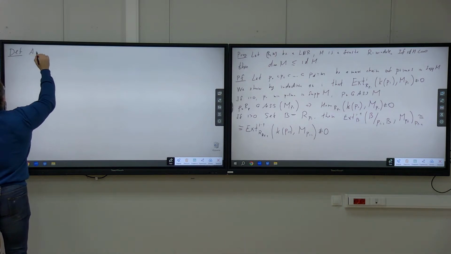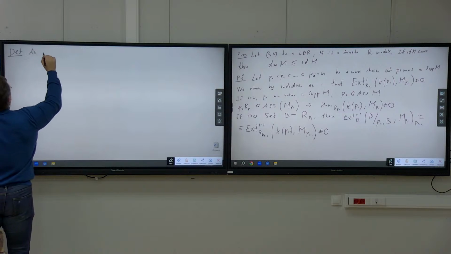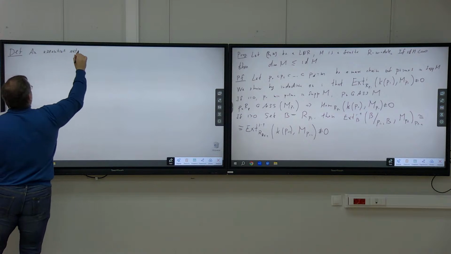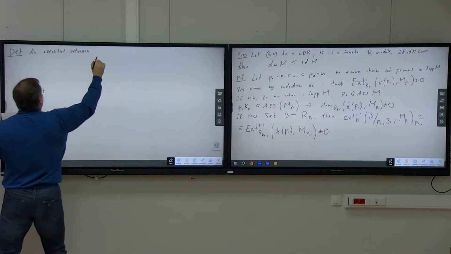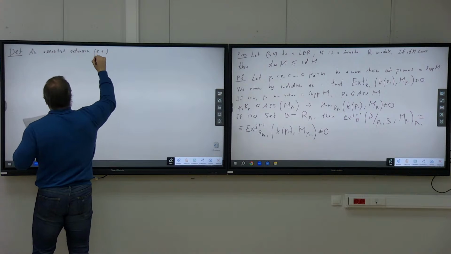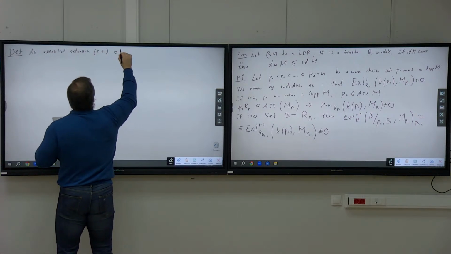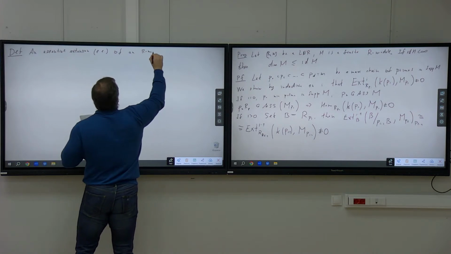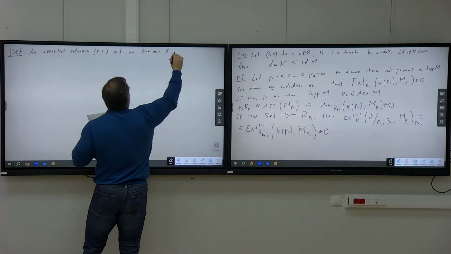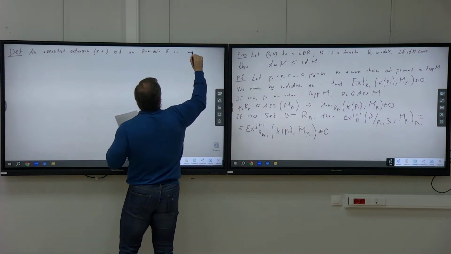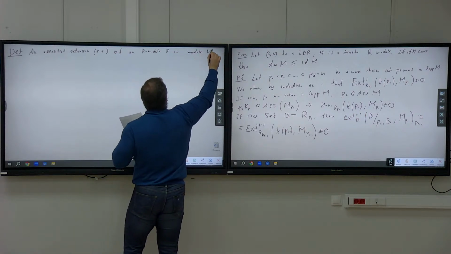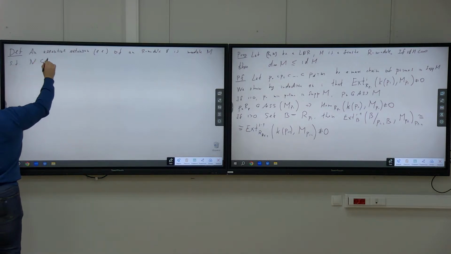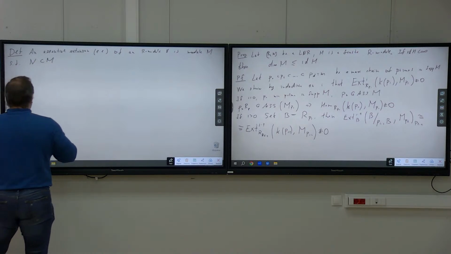So an essential extension, for shortness I'm going to write E, for essential extension of an R-module N is a module M such that N sits inside M and has the following property.